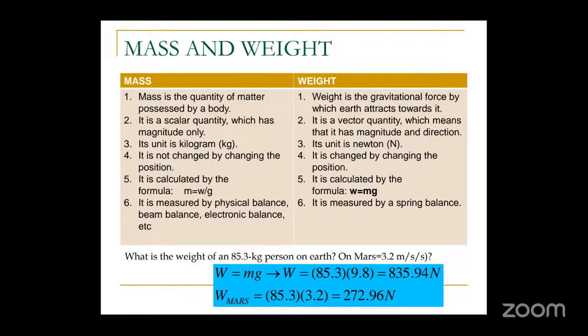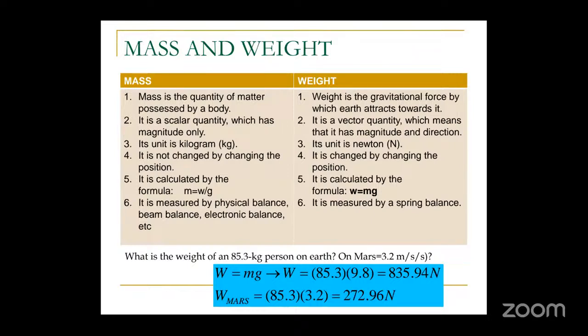The weight changes because weight is mass times acceleration due to gravity. Gravity changes with position. Near the surface of the earth, gravity is constant with a value of 9.8 meters per second squared. But as you ascend into the altitude, the gravity begins to vary.